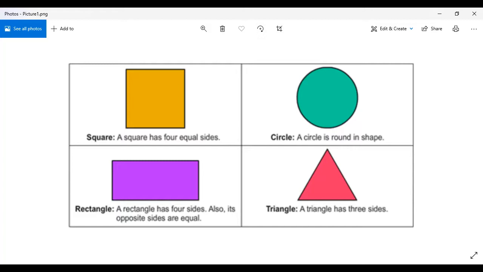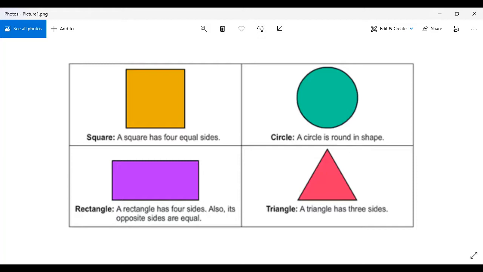And finally we have a triangle. A triangle has one less side than the square and rectangle, so it has three sides, and it is not compulsory that all sides should be equal, right? All sides can be equal and they can be different as well. Okay, now these are the four basic shapes.